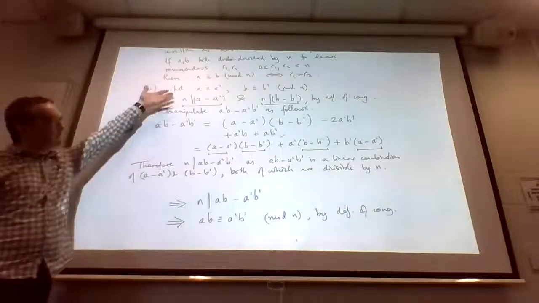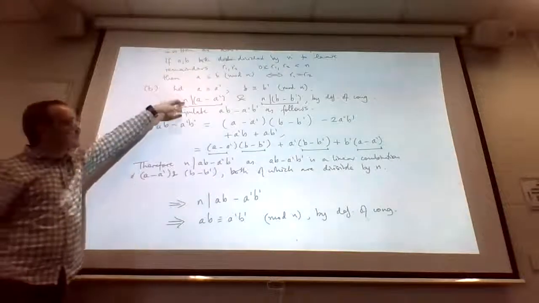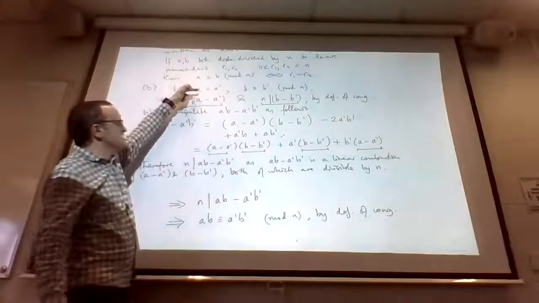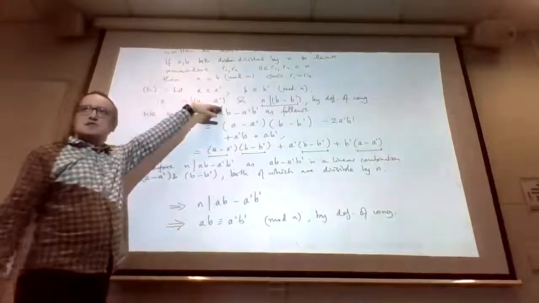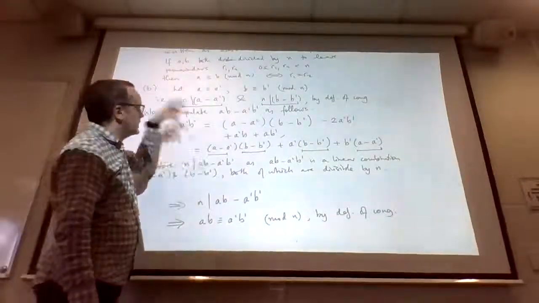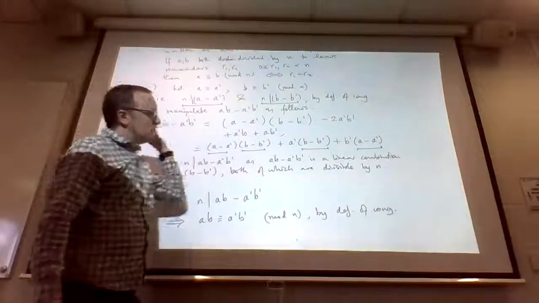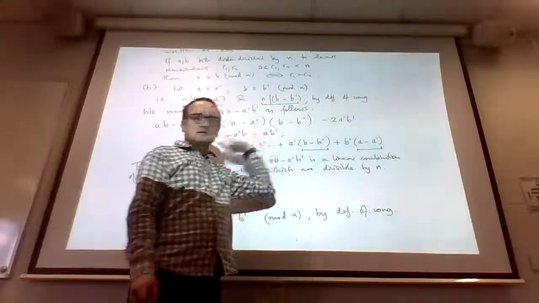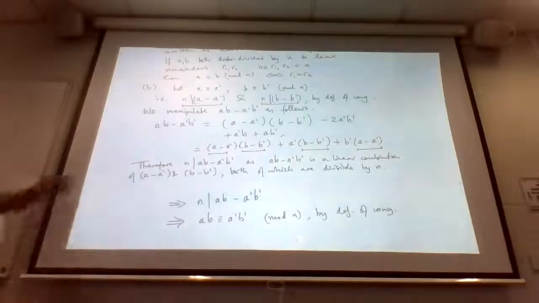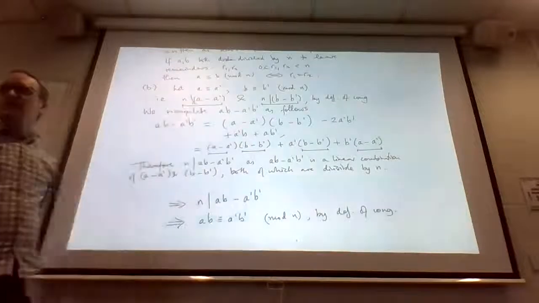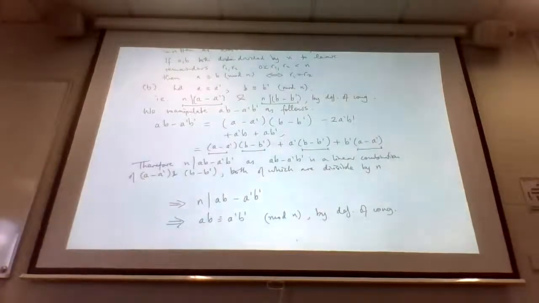So if you unravel, what you've done is you've gone straight from the congruence relation and unraveled it to just a statement in integers. Yeah. And then multiply them together, you get some kind of linear combination where you can pick out terms that are divisible by n, and the remainder term is the a prime b prime. You don't have to add or remove any terms.